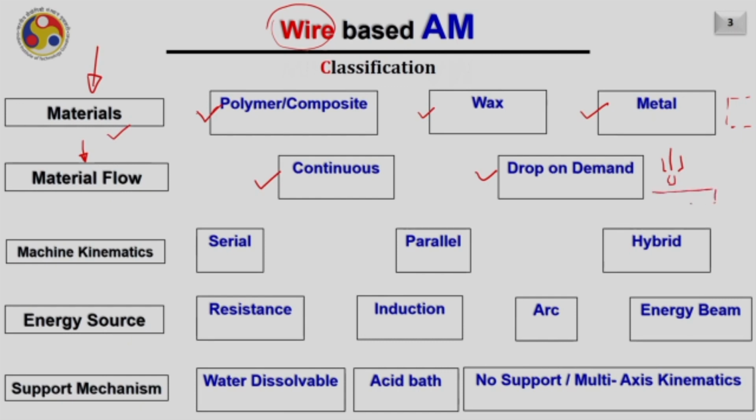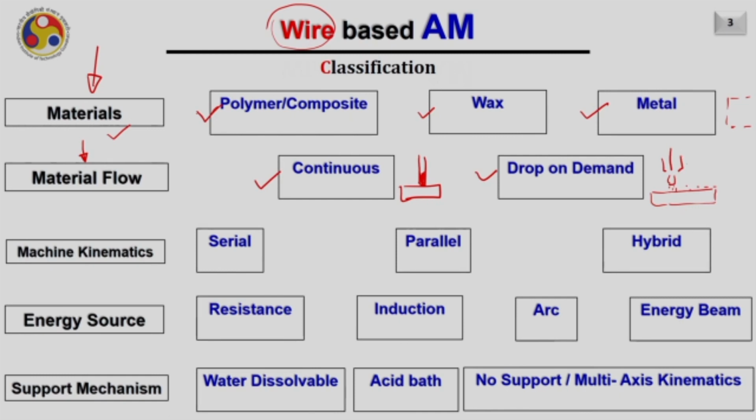Now, based on the drops generated here, the drop by drop material will be transferred on the substrate. While in the case of continuous, the wire itself gets melted onto the substrate. So, the wire keeps on coming out of the nozzle continuously in that case, not like in drops.